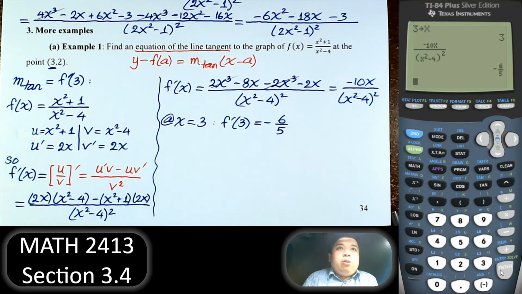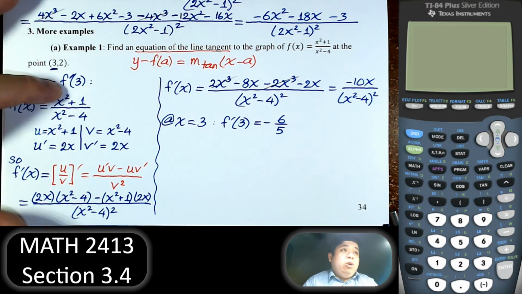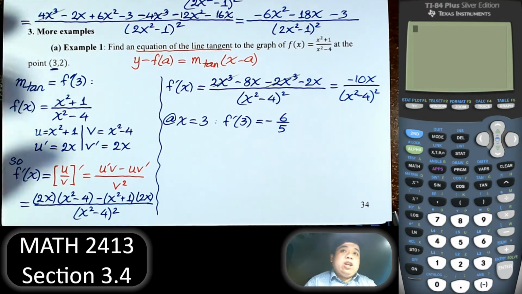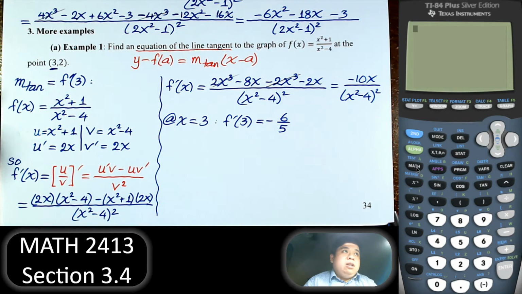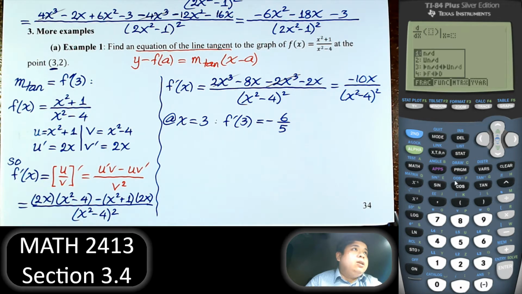Right, so is there a way to confirm that it is the case? Well, certainly we can. If we take the derivative and evaluate at the number, we can check using the calculator. It's math, go down to option number 8. Let's set numerical derivative, derivative with respect to x, and the function is a fraction, a quotient, x squared plus 1 over x squared minus 4.